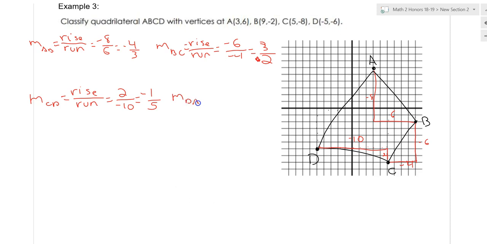And then from D to A, again, we were looking at rise over run. Up 1, 2, 3, 4, 5, 6, 7, 8, 9, 10, 11, 12. Right, 1, 2, 3, 4, 5, 6, 7, 8. So that's 12 over 8, which is 3 over 2.